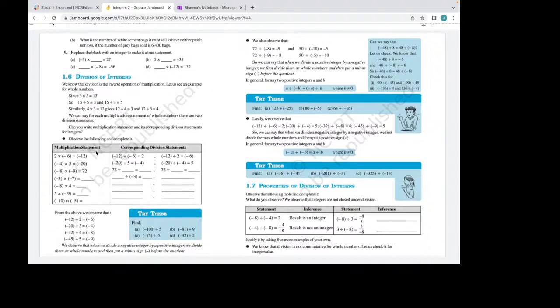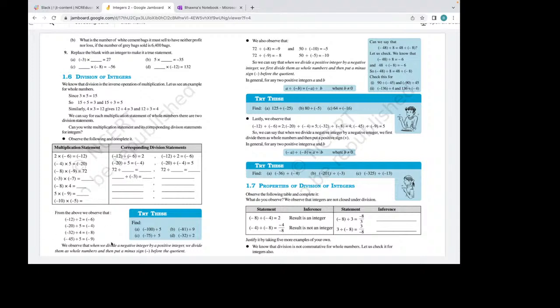The properties are like this: when you multiply two negative integers, you get a positive integer. Here as well, when you divide two negative integers, you get a positive quotient. So this is somewhat the same, so let's learn about it.